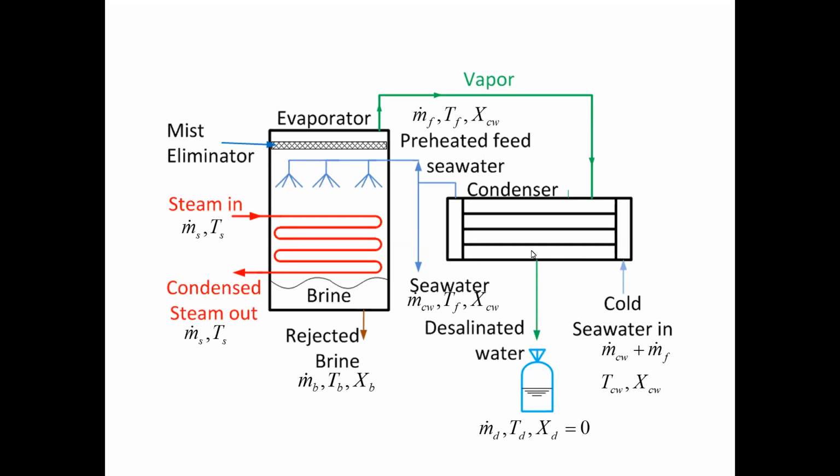We collect the condensed vapor from the shell side as product, whereas the seawater inside the tube is going to be preheated to feed temperature. We don't need it all. Part of it will be thrown away back to the sea, and only the feed quantity which is needed is going to enter the evaporator to be sprayed.